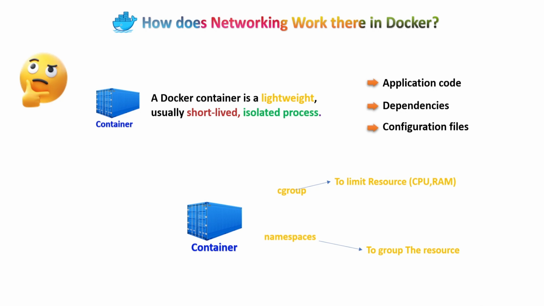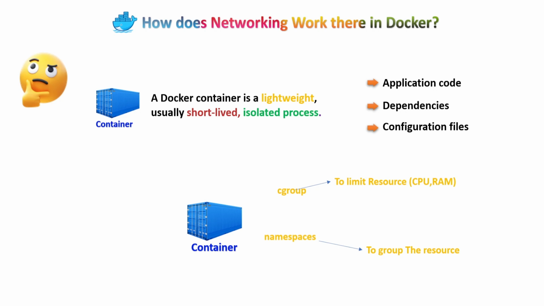And also the container has many namespaces. One among them is the network namespace. Because of this network namespace, it has its own virtual network. Every container will act like a computer, which will have its own NIC card.